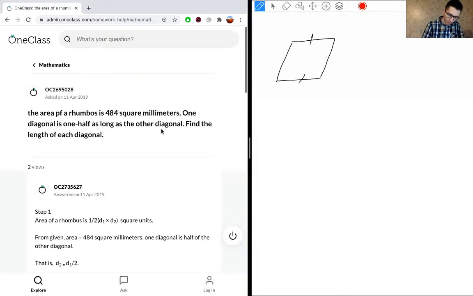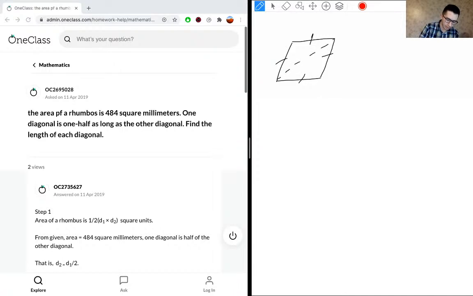These sides are parallel, and these sides are parallel. And additionally, for a rhombus, all sides are equivalent in length. But the question here is mostly asking us for the diagonals.